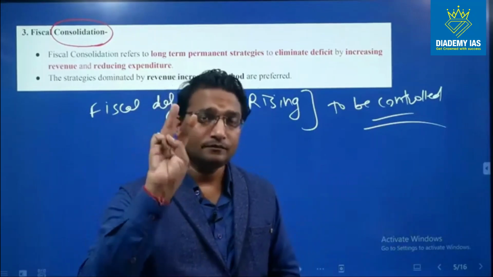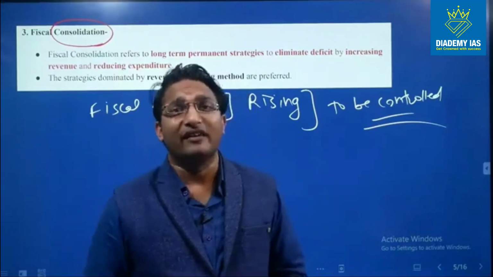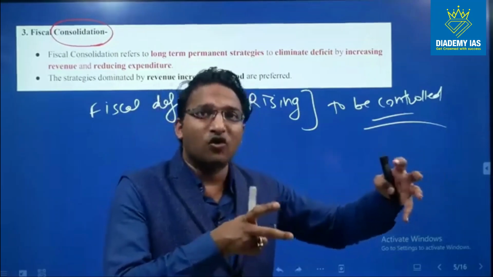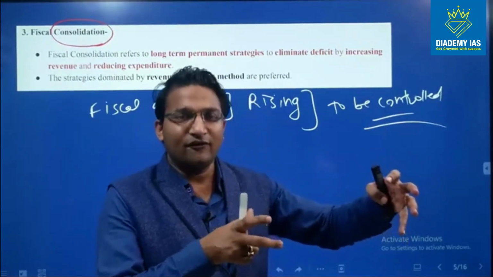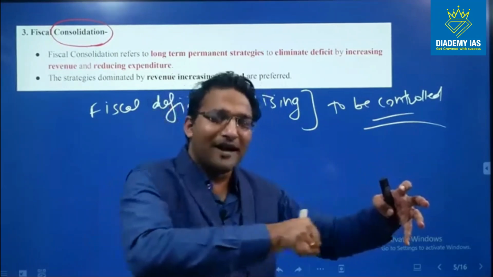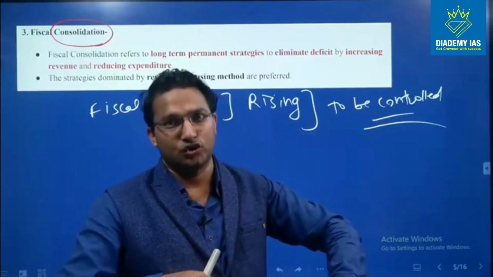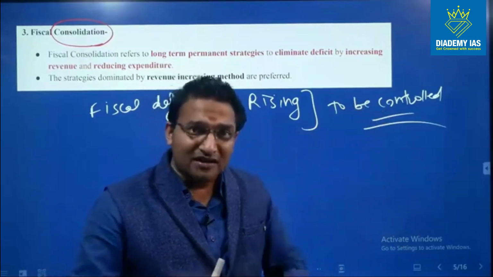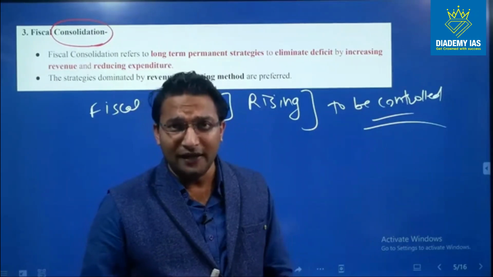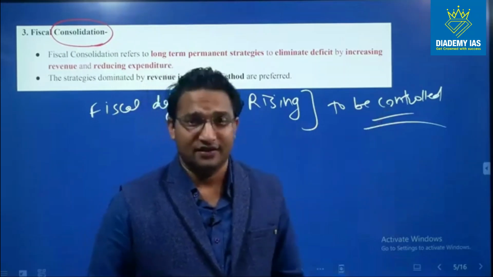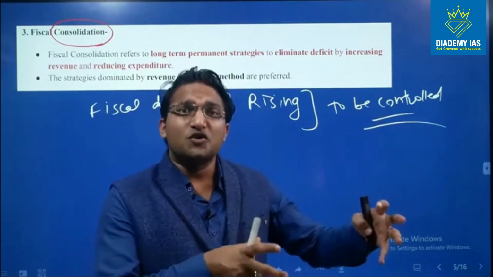Number three, it crowds out private investment. Why? Because the market has a particular amount of finance available. If the government takes the loan from the market, the amount available for the private sector is reduced. So the private sector gets less money for investment, and the rate of interest also increases. So private investment reduces.